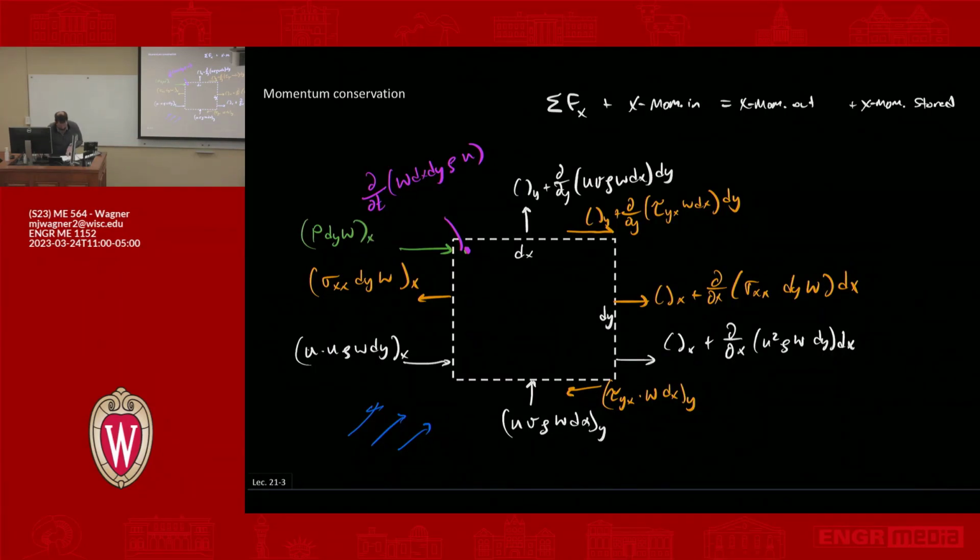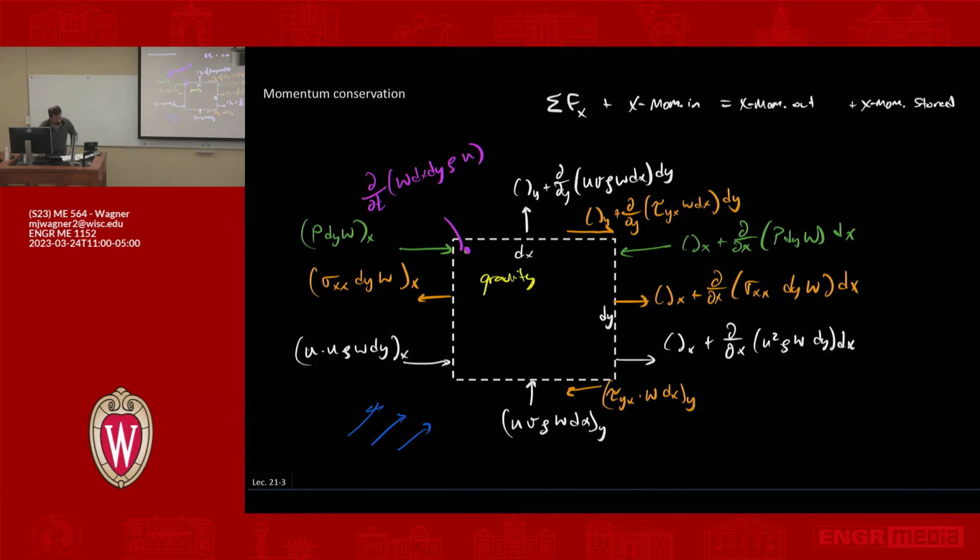And then on the right side, the same thing, plus the derivative in x, P dy w dx. One more thing. One more force that acts on everything. Gravity. Okay. Very good. We haven't forgotten about gravity.